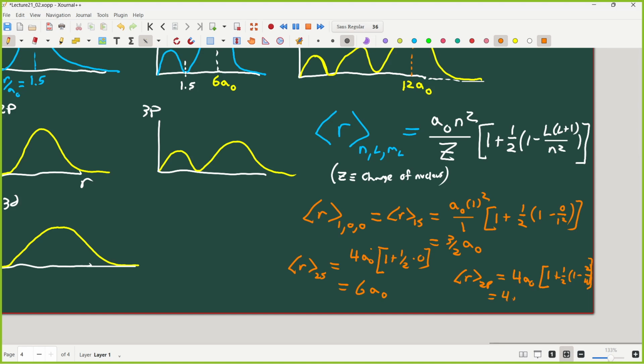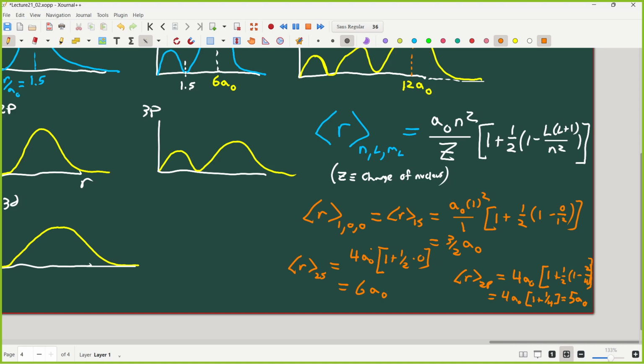So that's 4a naught times 1 plus 1/2 of 1 minus 1/2, so that's plus 1/4. And that's going to be, what is that, 4 times 5, that's 20/4. That's 5a naught. Right, so interestingly, in the 2s orbital, the electron was on average at 6a naught.